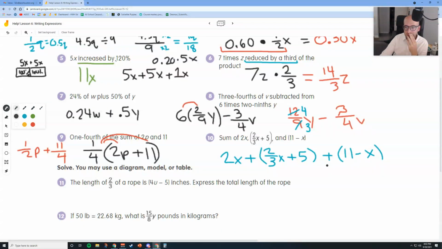So let's combine like terms. 2x minus x is just x. Plus 2/3 is going to be 1 2/3 x. Instead of 1 2/3 x, how can I write that? 5/3 x. Dun, dun, dun. 5 plus 11 is 16.